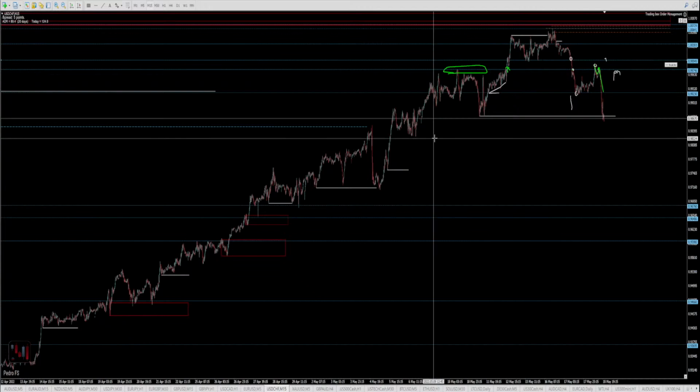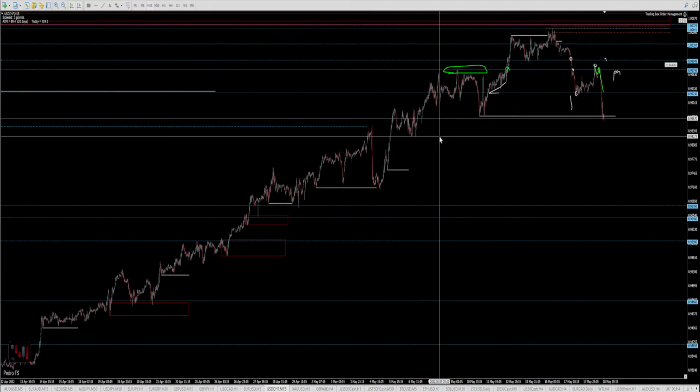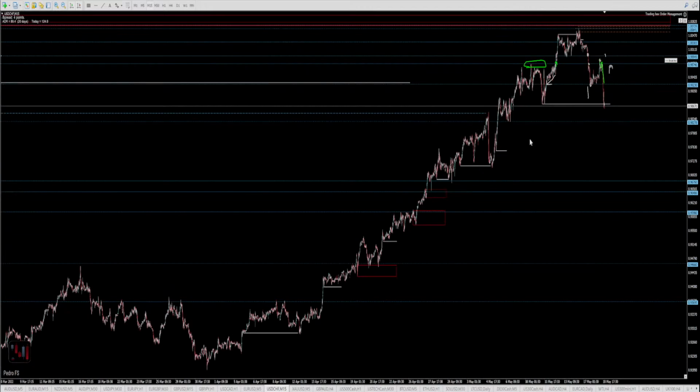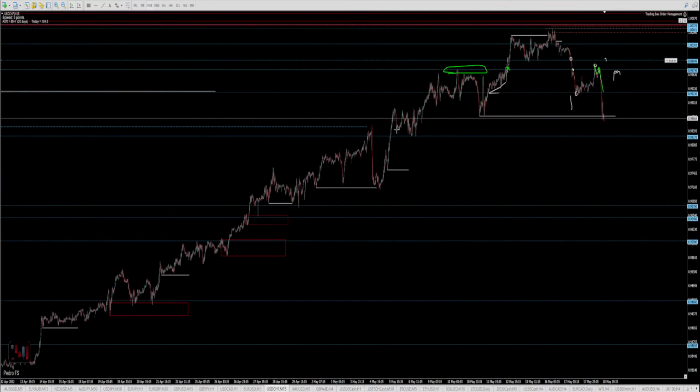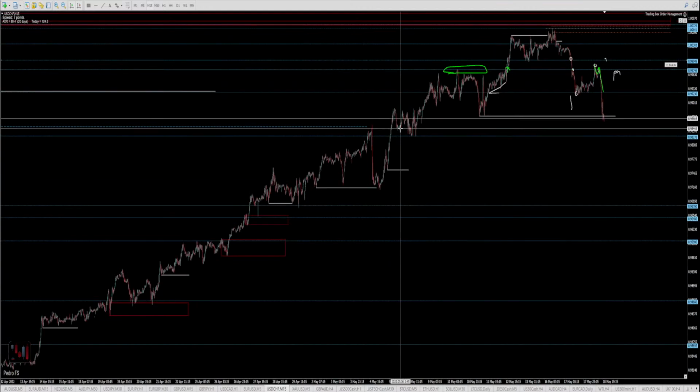Where could we look for longs in here? That's a good question. So even to break these lows in here. This one, do we have this? Is this a good quasi-mode in here? Yeah, we'll see where price actually is going to react.